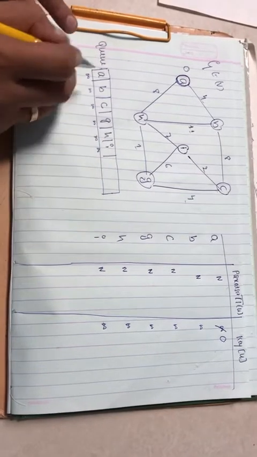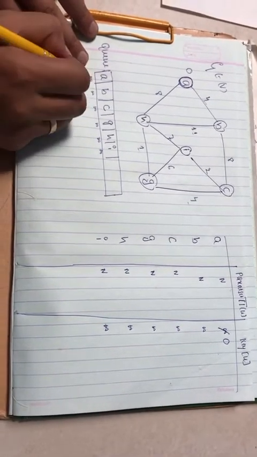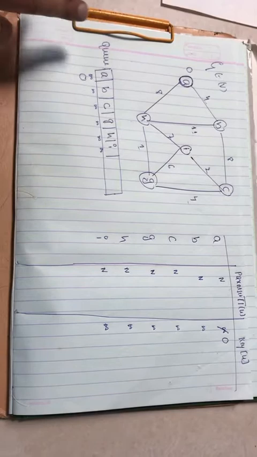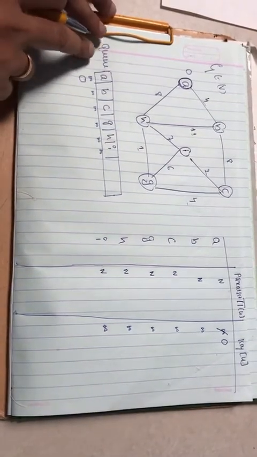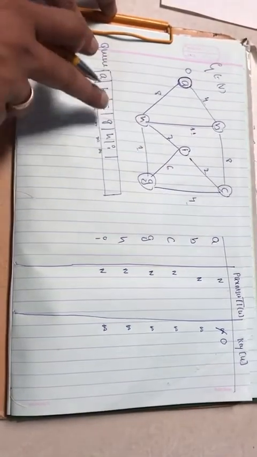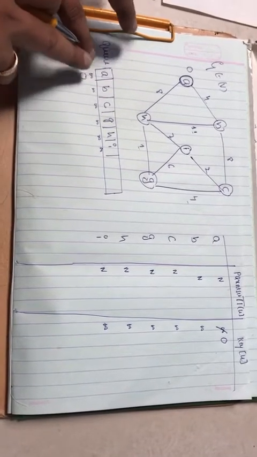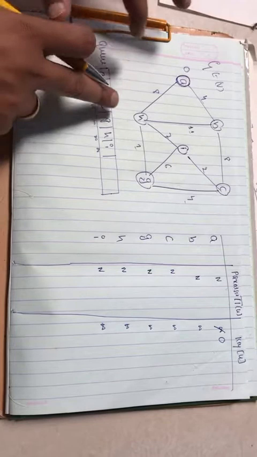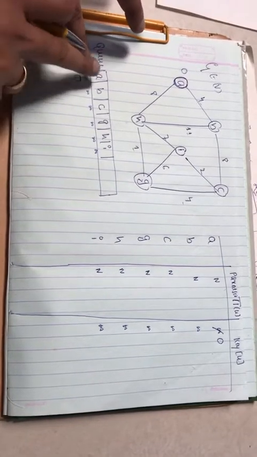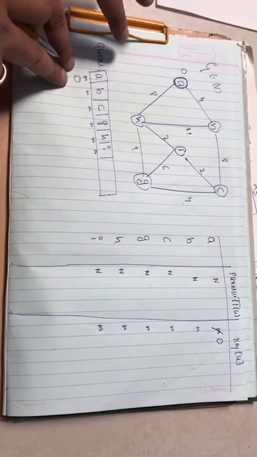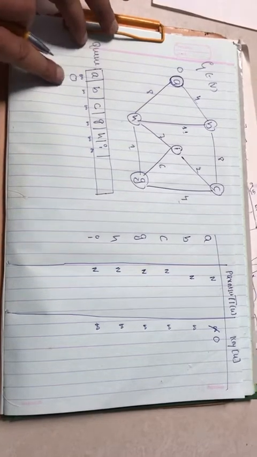This is the queue, friends. In the queue I add all the vertices of the graph along with their weights, initially infinity. Once A is selected as root, its value becomes 0, so I update the queue.